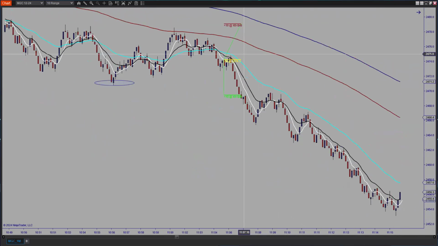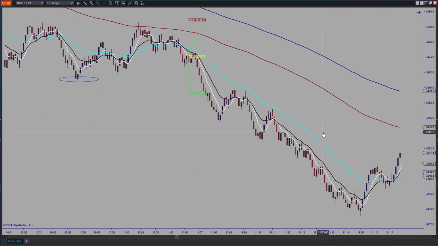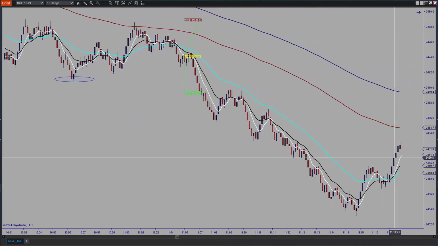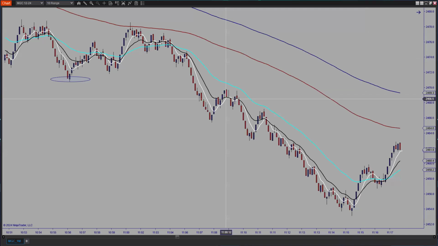Now, if you're trading a 13/34 cross as a rule to get out, this would have come all the way down to here. So 48 ticks of risk, and it's about 3 to 1. You can use a 5/13 cross as a way to get out of the trade.